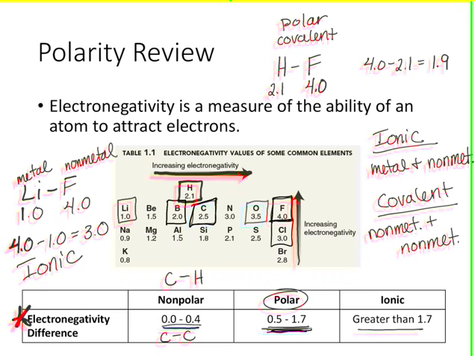Okay, so initially we would think, oh, that's an ionic bond because that difference is greater than 1.7. However, is boron a metal or a nonmetal? It's a nonmetal, and fluorine is also a nonmetal, so it's actually polar covalent. So that's a little tricky. That's one of those other exceptions we talked about earlier.